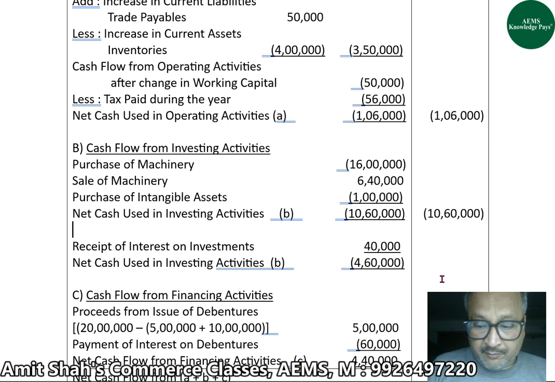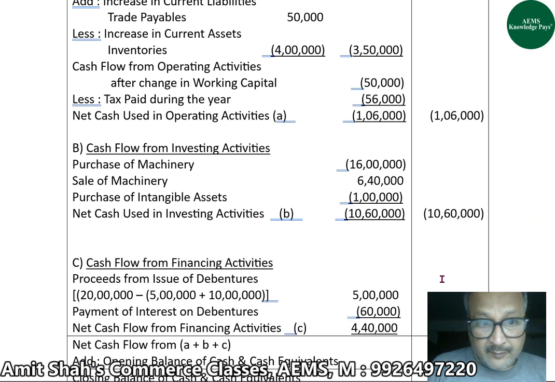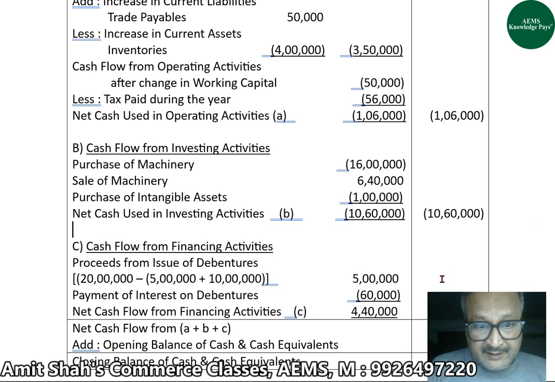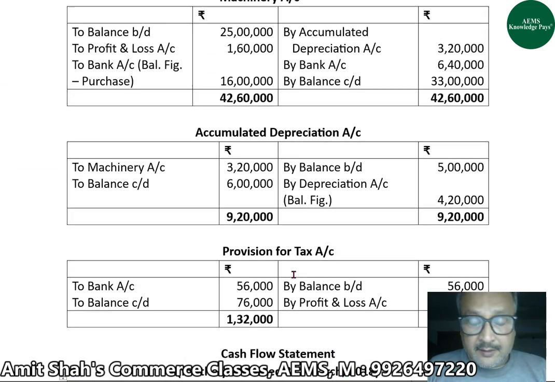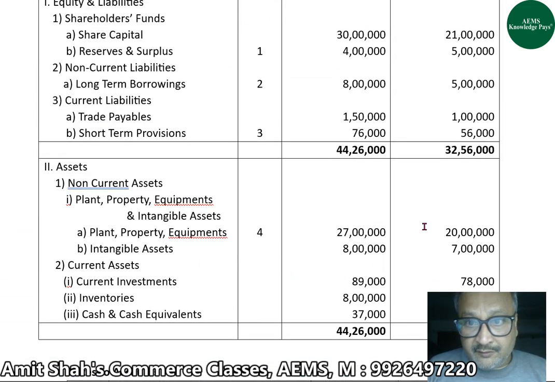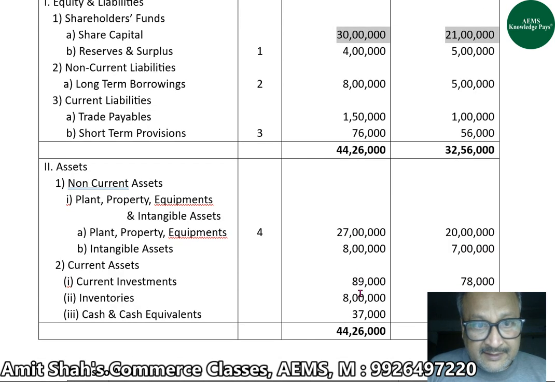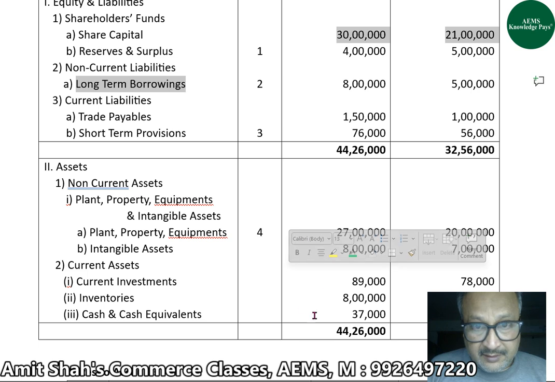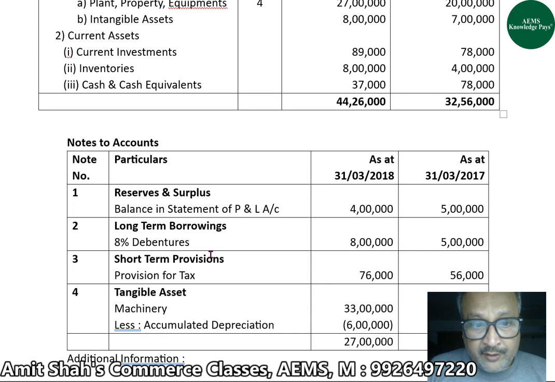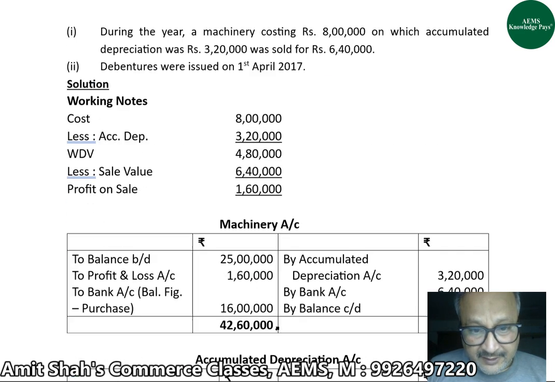Now cash flow from financing activities. Here we have issued fresh shares for rupees 9 lakhs. So this is inflow of cash by 9 lakhs. And in long-term borrowings, debentures have also been issued by rupees 3 lakhs, right?